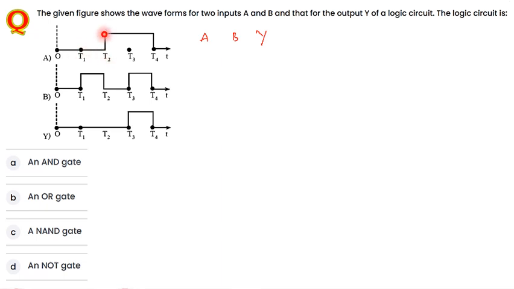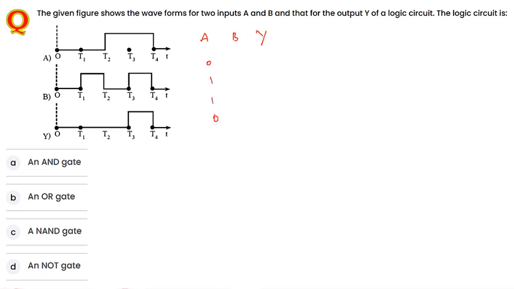For T2, looking at the ending point, it is 1. T3 is 1 and T4, the ending point, is 0. So for A, the first input is 0, the second input, T2, is 1, the third input is again 1, and the fourth input is 0.